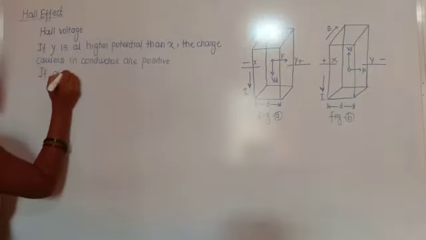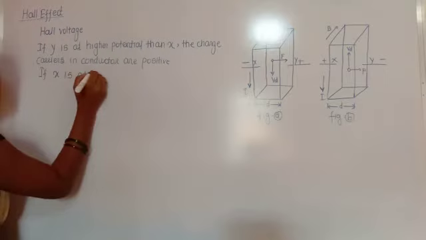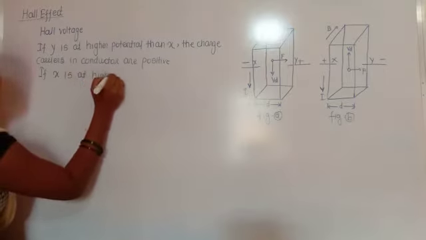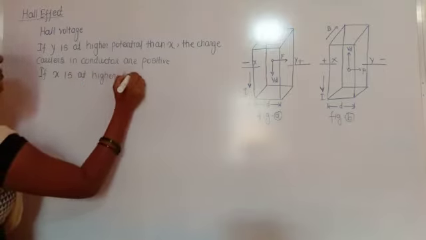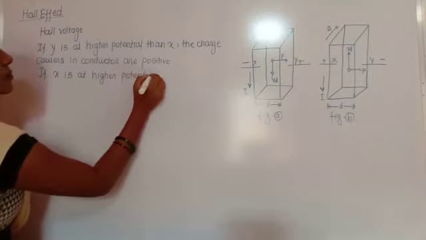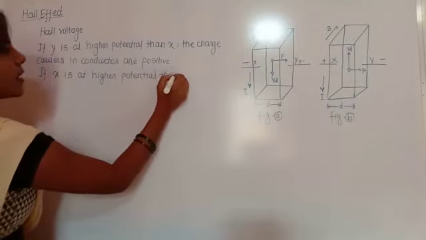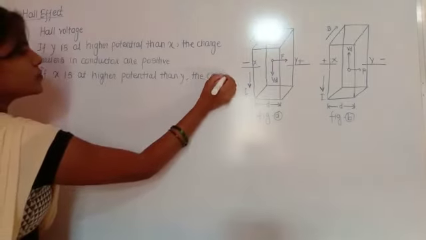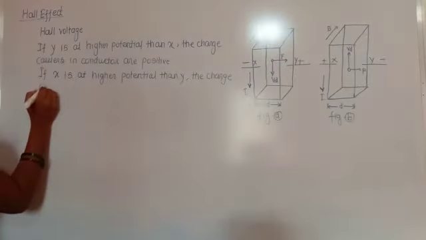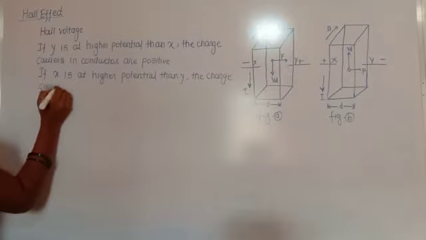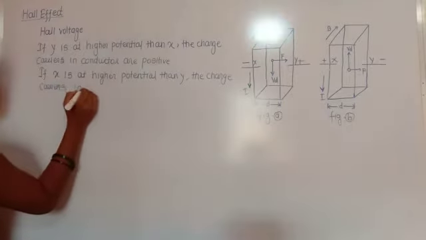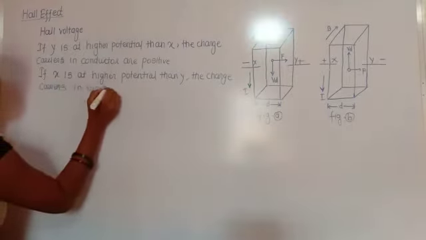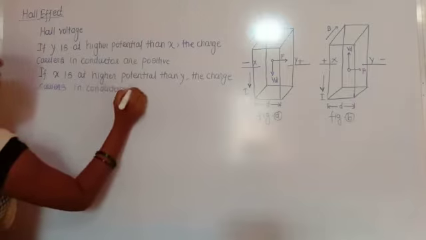If X is at higher potential, that means positive potential, then the charge carriers in the conductor are negative.